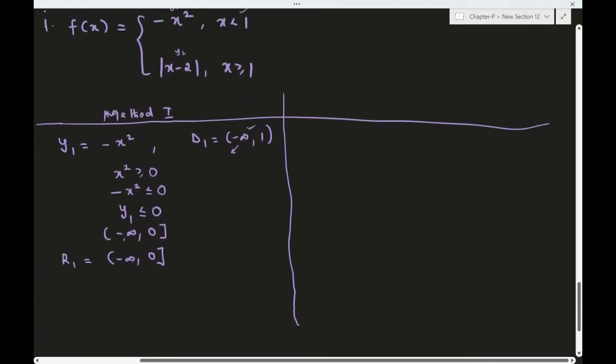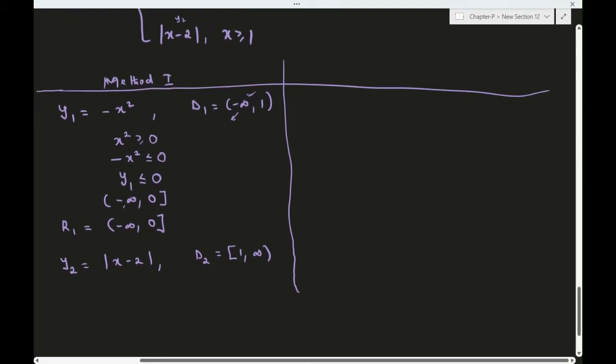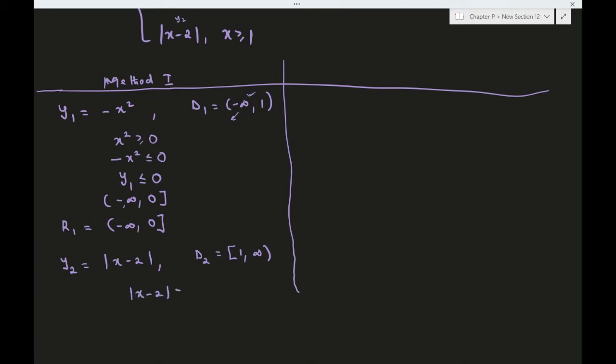Now let's go for the second piece, let's call it y2. y2 is the absolute value of x minus 2. What is the domain in this case? Let's call it D2. D2 is from 1 closed to infinity. What do we know about absolute value? The absolute value of x minus 2 is greater than or equal to 0.